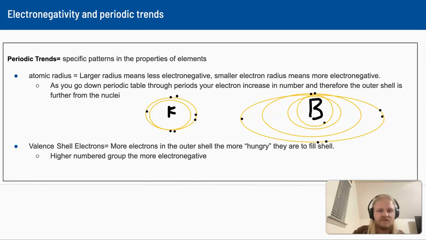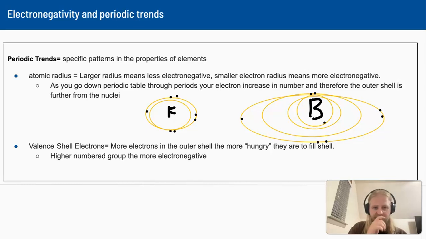Seven valence electrons, really very close. So a closer, smaller atomic radius means more electronegative. As you go down the periodic table, your electrons increase in number, you see with boron, and therefore the outer shell is further from the nucleus, making it less electronegative.